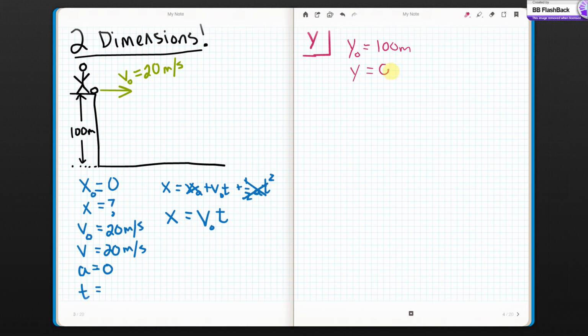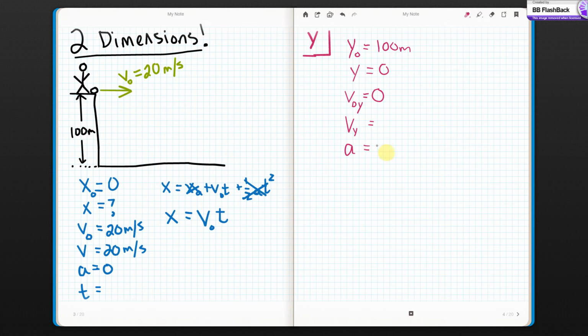V naught, now this is an interesting one. It's definitely moving at the start, but it's moving in the x direction only. When it starts off, it is not moving up and down. So the initial velocity in the y direction, I'm going to put a little y on there just to make sure we're really clear on this, is 0. I don't know what it's going to be when it hits the ground, but I do know the acceleration.